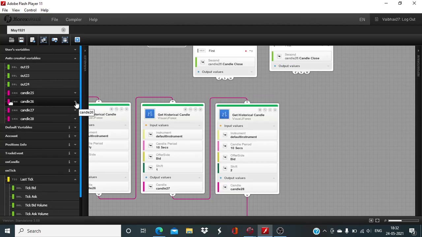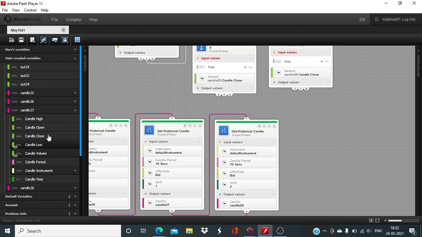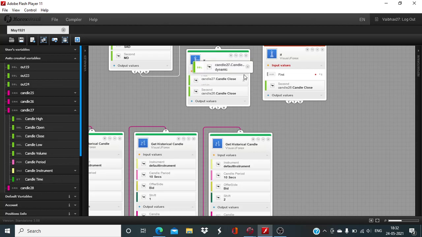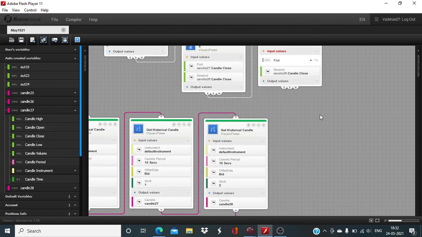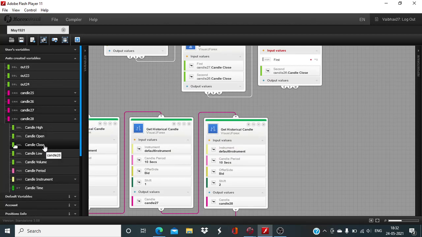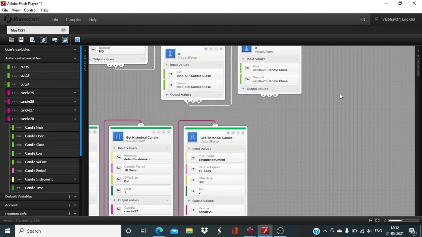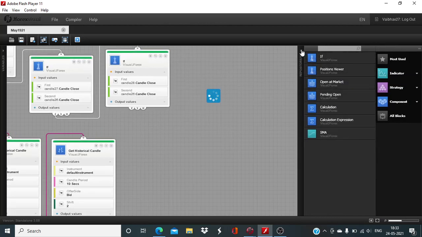and here first input less than second input, and this was higher, so first input greater than second input, and after that the pending open block will come in play.